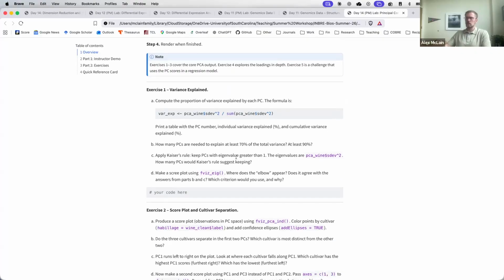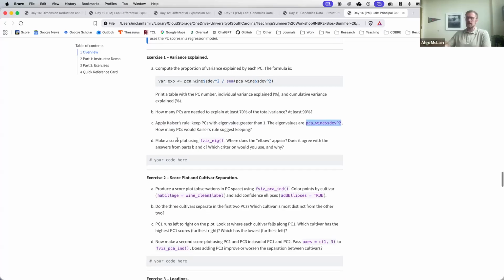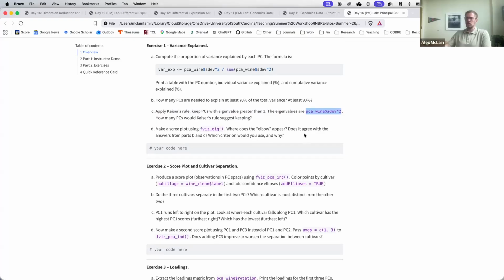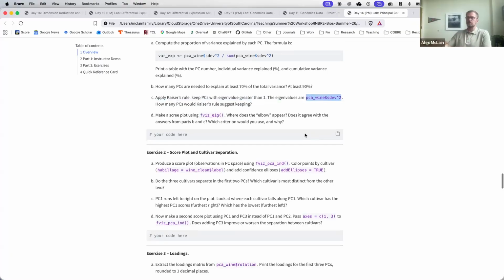Kaiser's rule: we keep PCs with an eigenvalue greater than 1. We can get the eigenvalues, we're already using them in this variance explained. It's just the standard deviation squared. So if we use Kaiser's rule, how many should we suggest? And lastly, make a scree plot using the visualization. Does there appear to be an elbow? Does it agree with the plots we get from B and C?